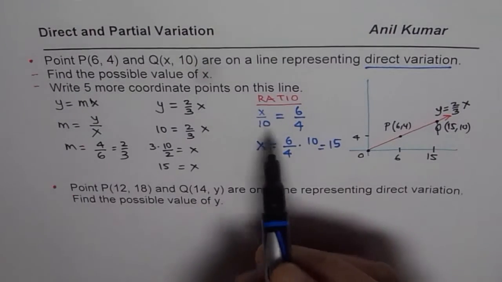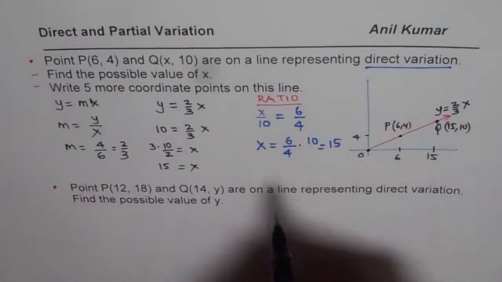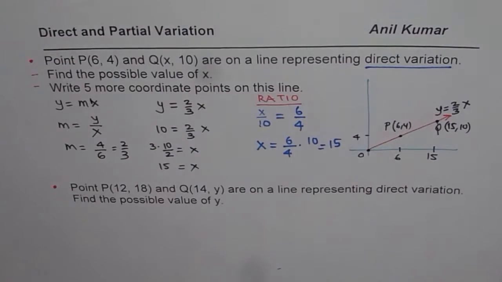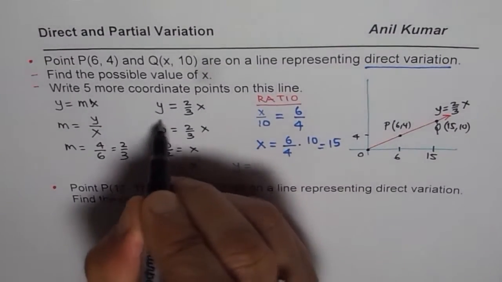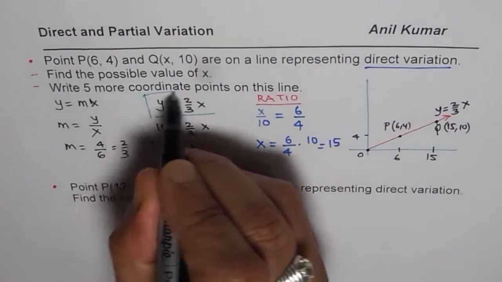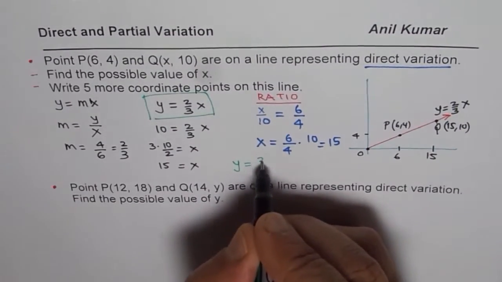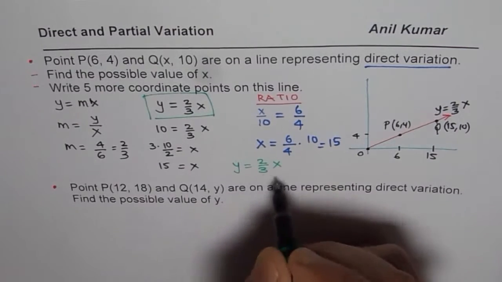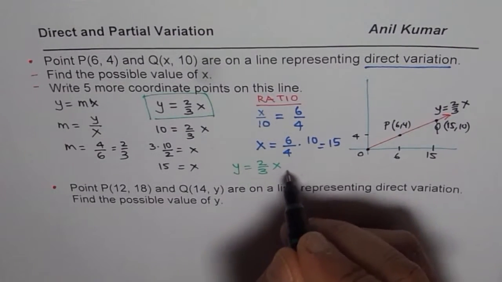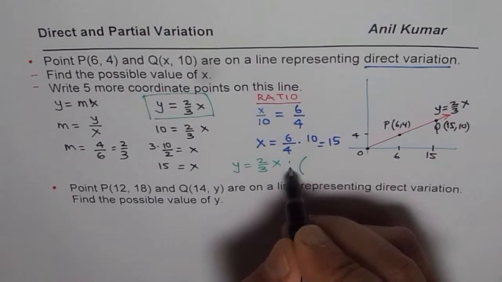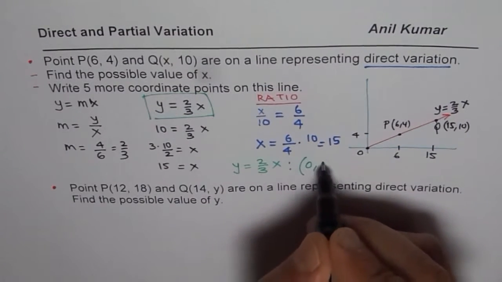Since we know that the equation is y equals 2 over 3 x, which is the equation we developed, we could write many points on the line using it. Whenever it is a direct variation, (0, 0) is a good point to write.